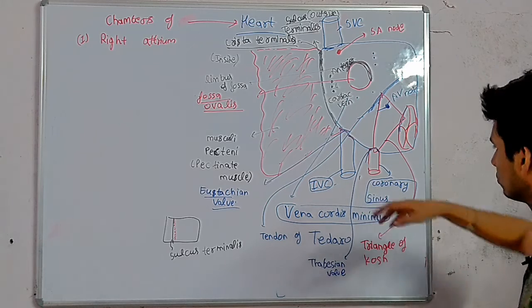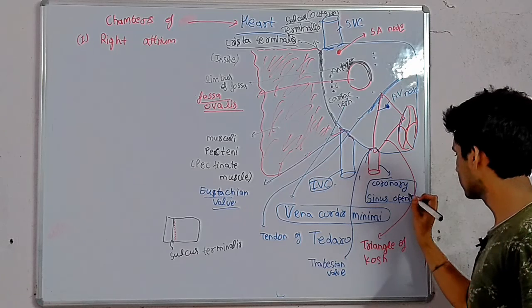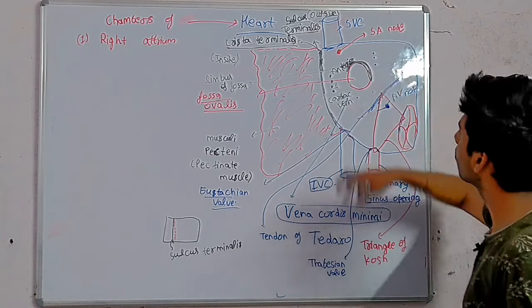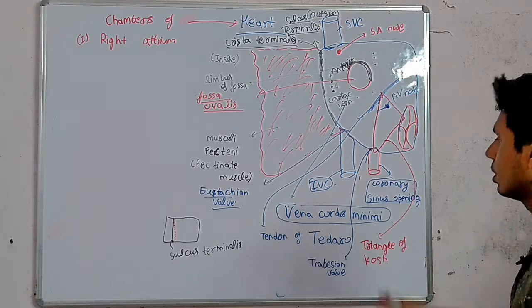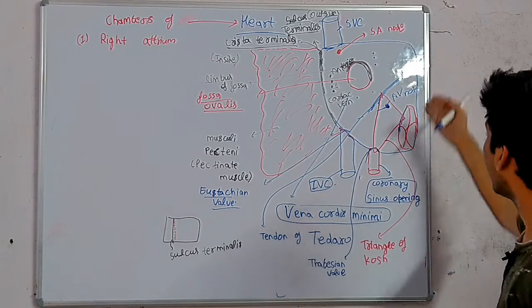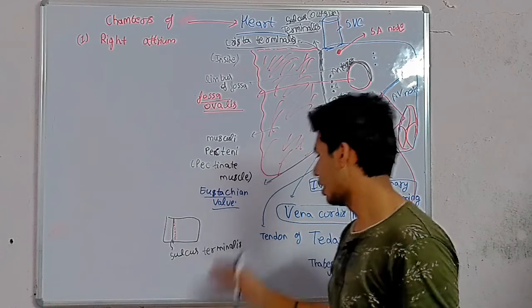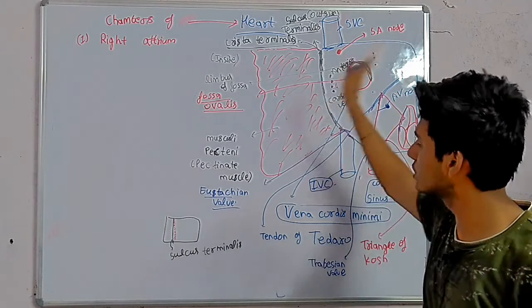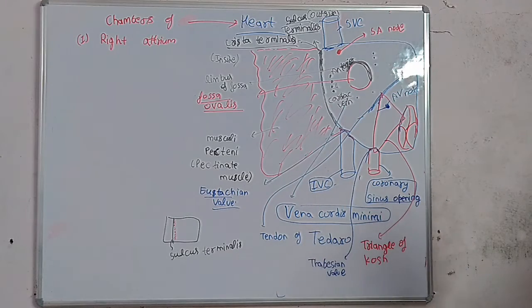Inferior vena cava opening, coronary sinus opening, vena cordis minimi opening, anterior cardiac veins opening, superior vena cava, Eustachian valve, Thebesian valve, and the rough surface containing pectinate muscles. Just a ridge present inside is called the crista terminalis, outside is the sulcus terminalis, limbus of fossa and fossa ovalis. Done.